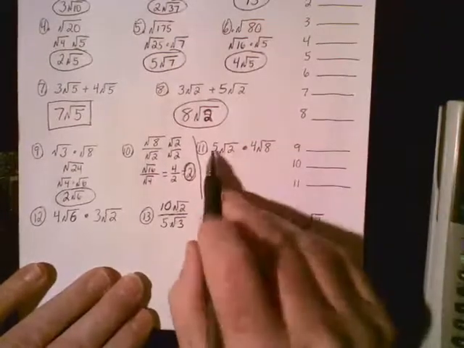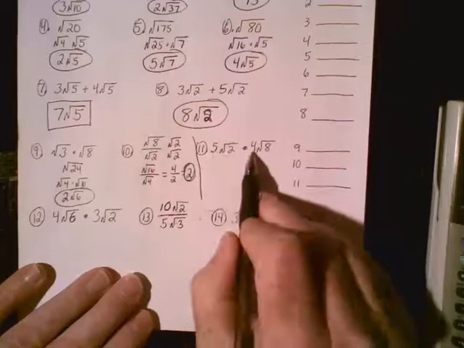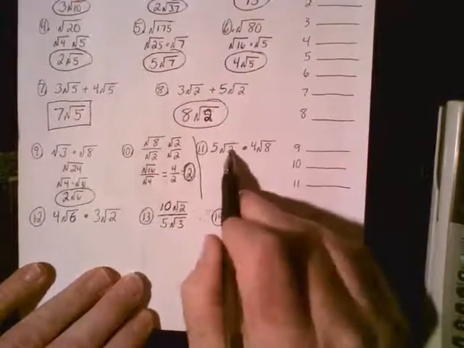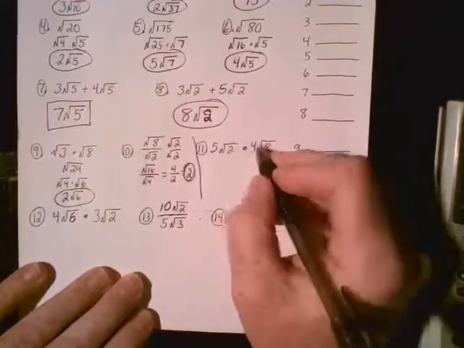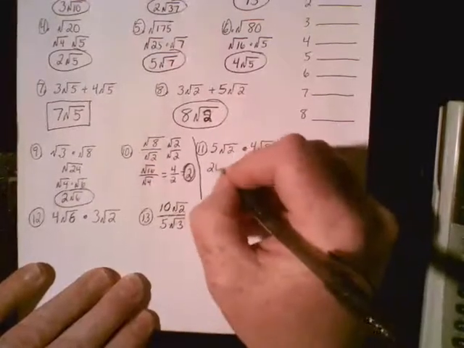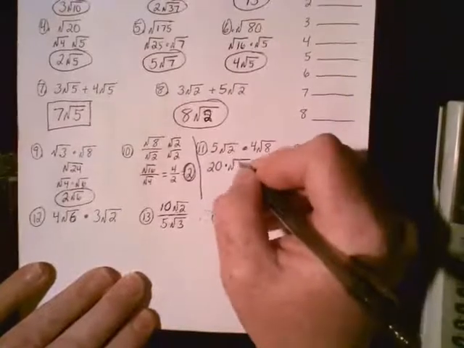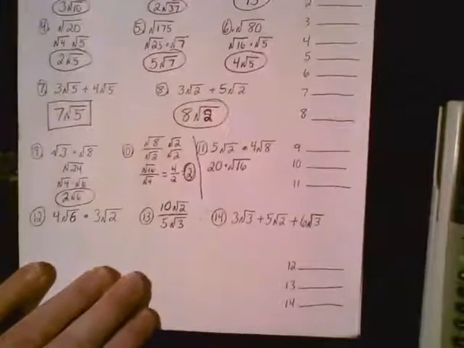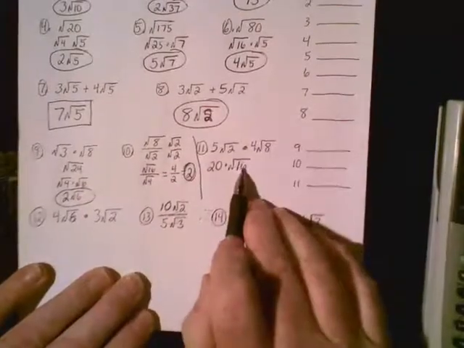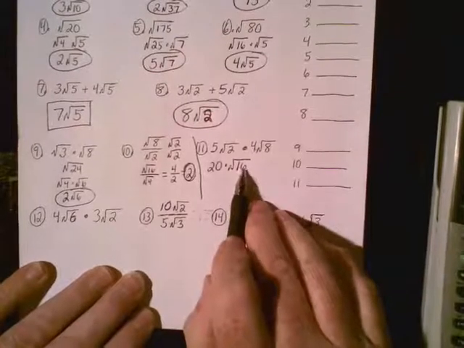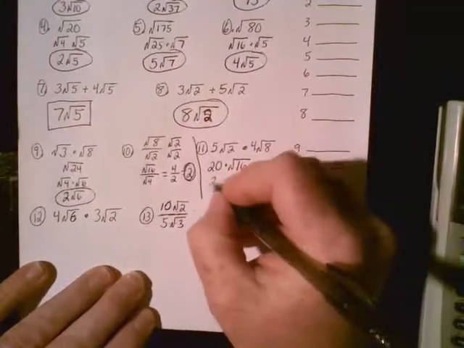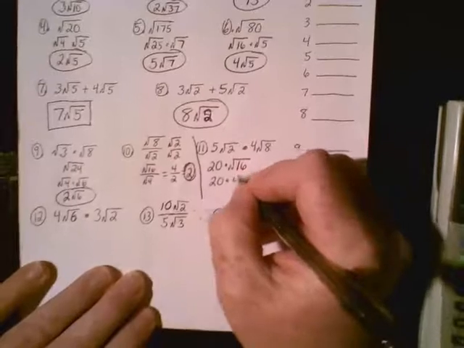Next one, we multiply the coefficients, the numbers out front. We can multiply them, and we multiply the numbers underneath. 5 times 4 is 20, times 2 times 8 is 16. Then we try to simplify this radical down. Well, 16 is a perfect square number, and it's just 4, so we end up with 20 times 4.